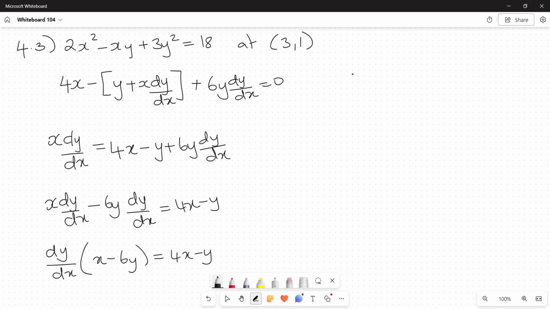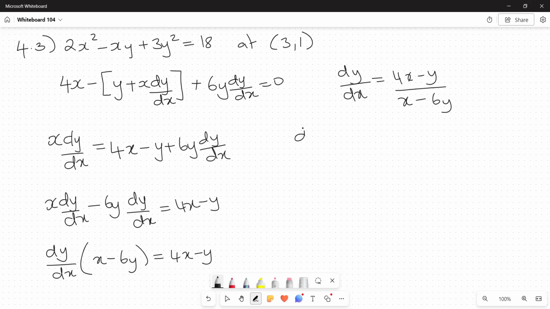Okay, and that means that dy/dx is equal to (4x minus y) over (x minus 6y). Now we want to find the derivative at the point (3, 1).